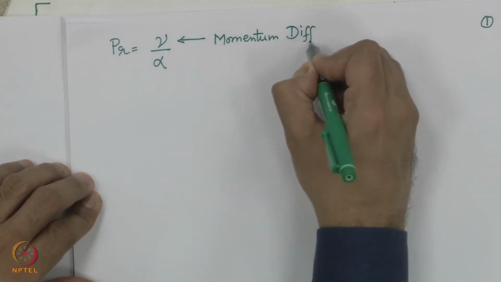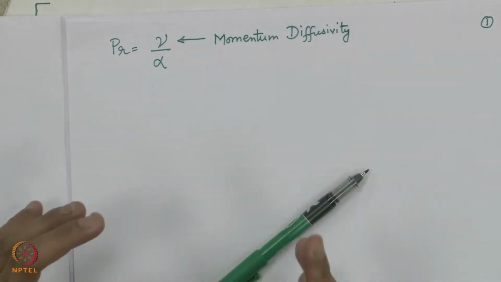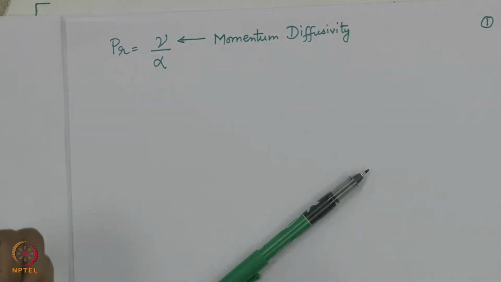What does the word diffusivity mean? Diffusion is basically how things go into the main flow. If the smell of an agarbatti, incense, diffuses into the room, it percolates and permeates into the room. It is there in one corner, and over time the entire room has the fragrance.